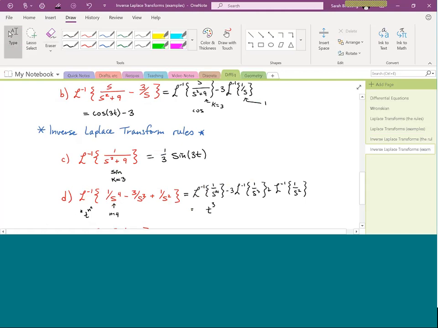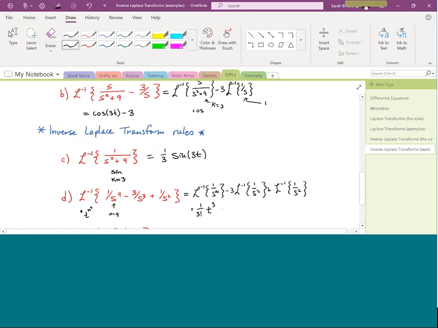So we'll subtract 1 from the 4 to get the 3, and then we'll have as a coefficient 1 over, anybody remember what that coefficient was? Right, it would be 1 over 3 factorial. The 3 factorial matches the exponent here, and 3 factorial is, of course, 6. So that would be 1/6 t cubed.